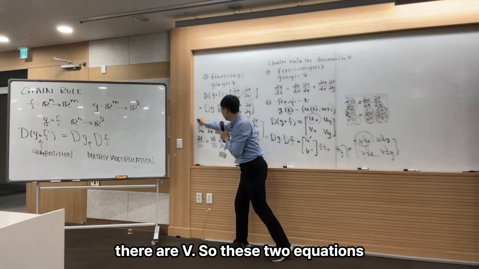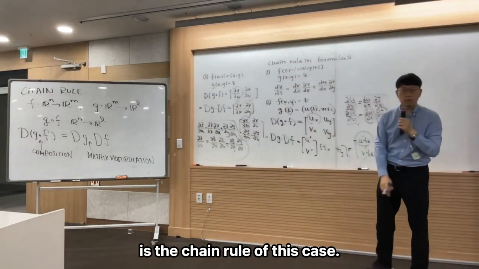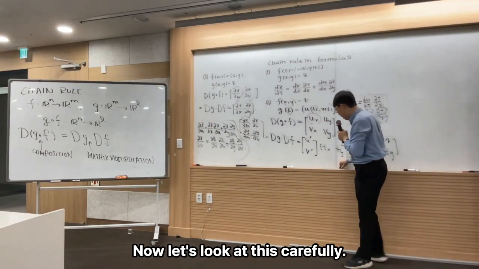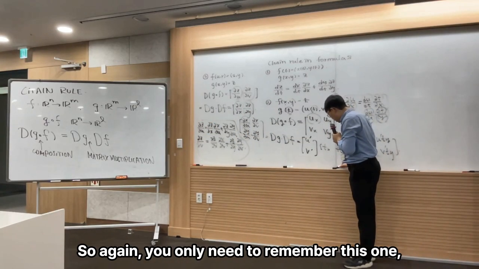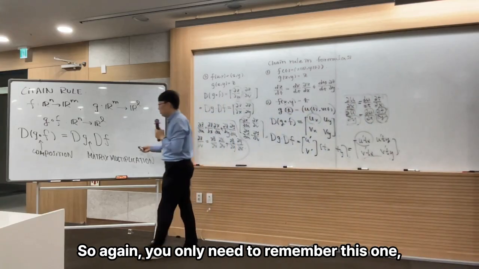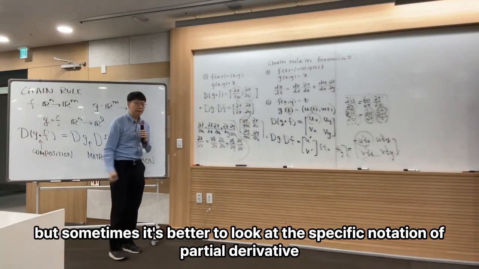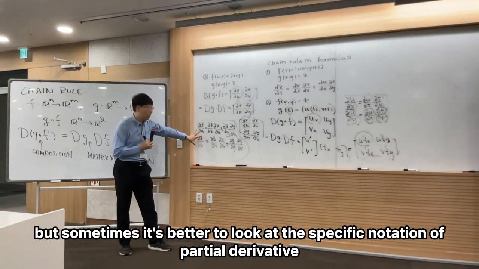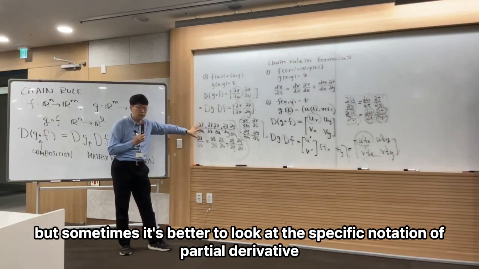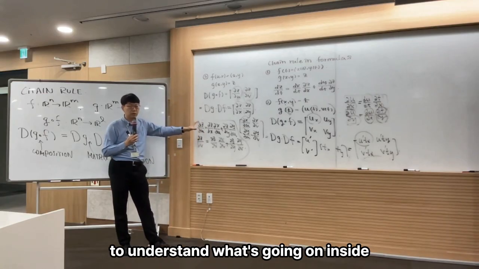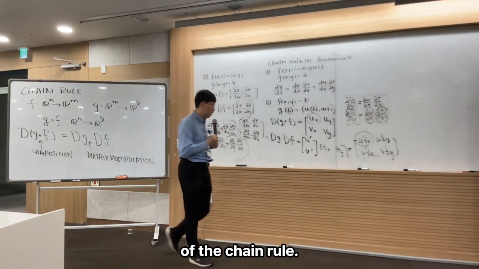So these two equations are the chain rule for this case. Now let's look at this carefully. Again, you only need to remember this one, but sometimes it's better to look at the specific notation of partial derivatives to understand what's going on inside the chain rule.